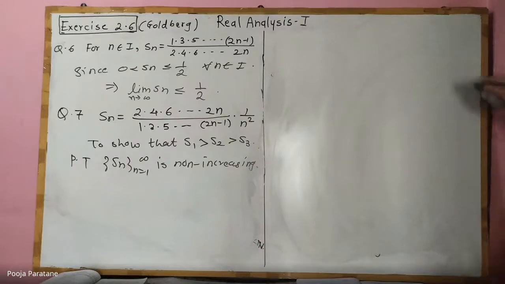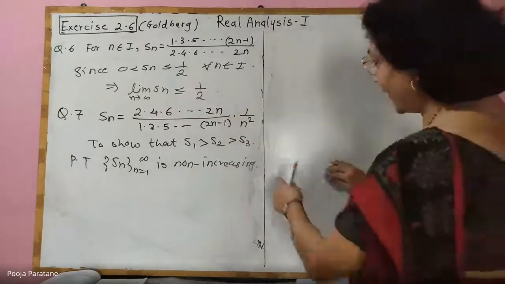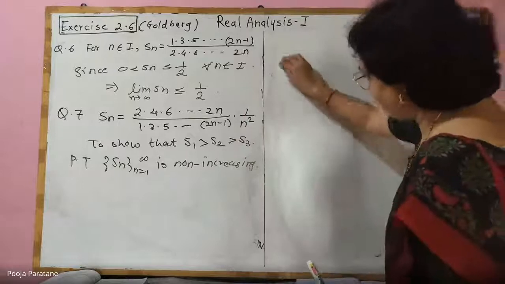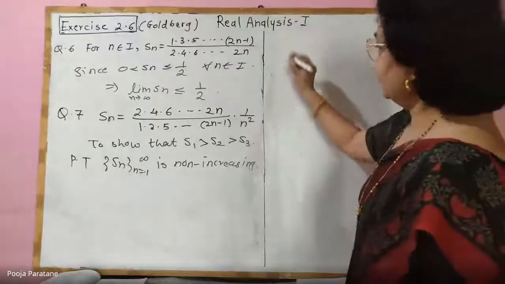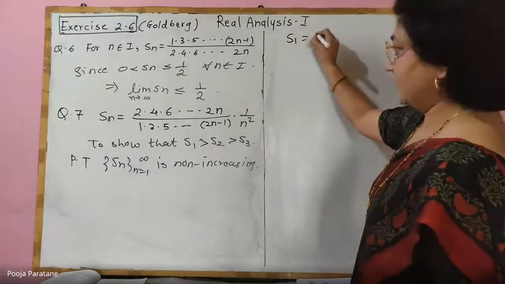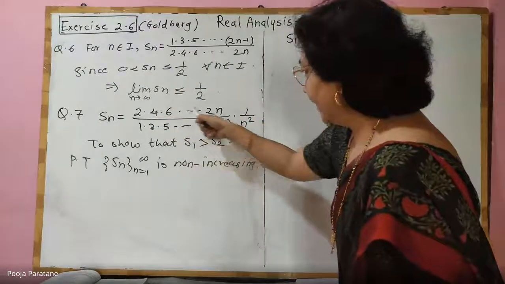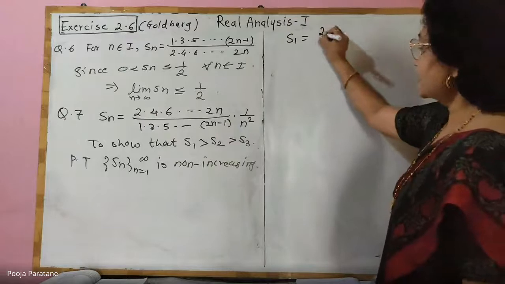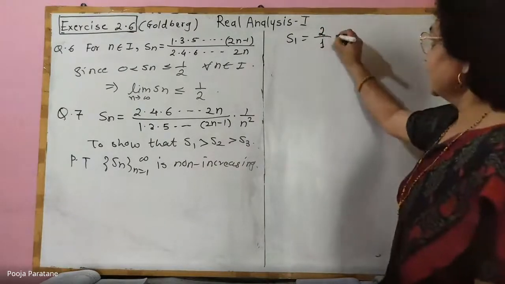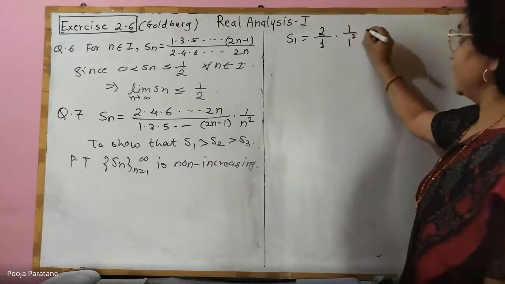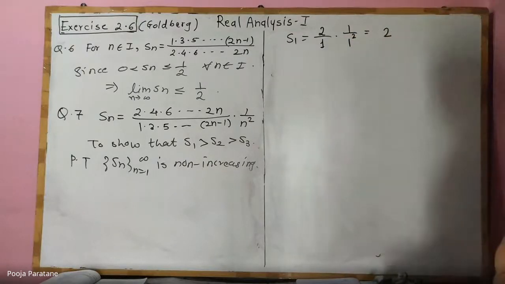So what is S1? Here we have to take into consideration this 1 upon n square also. So S1 equals, in the numerator, the product of the first one even number upon 1, and 1 upon 1 square. So it is 2.